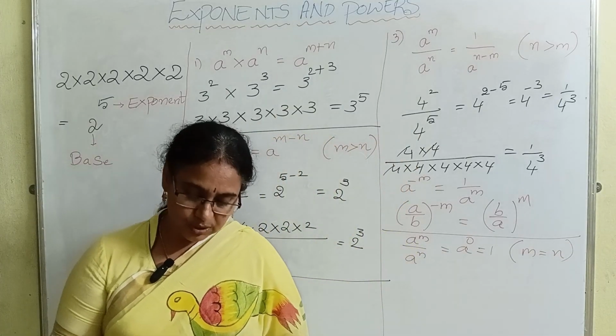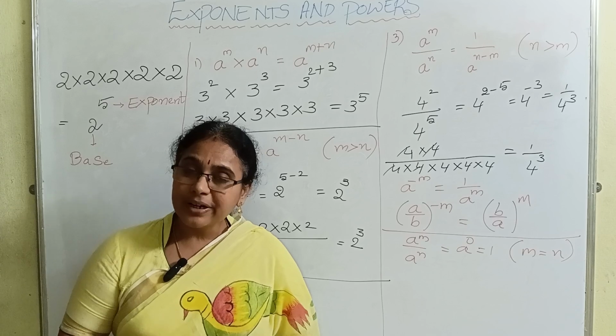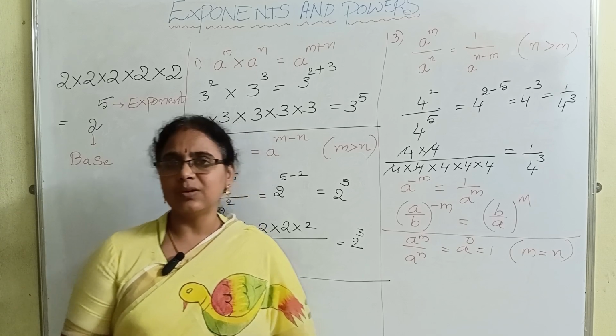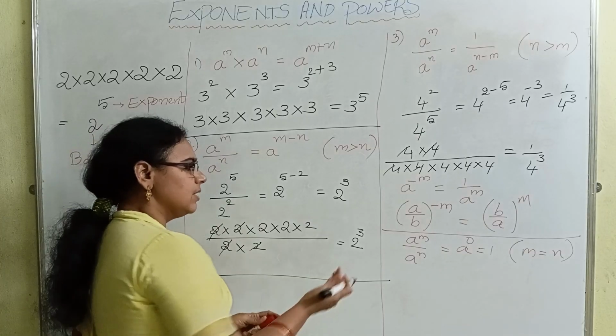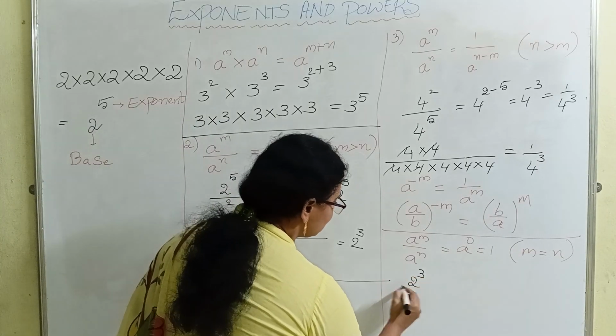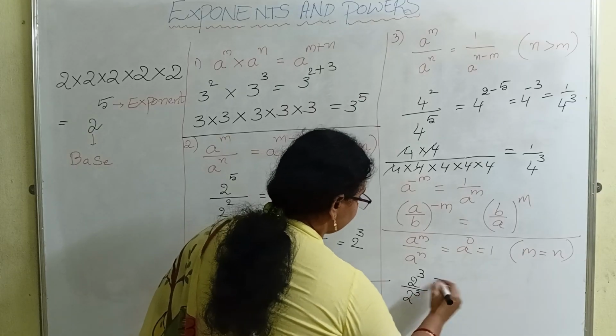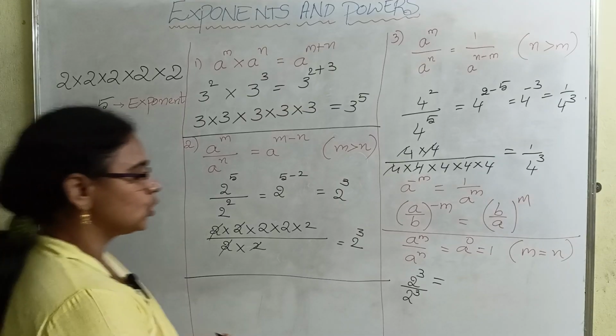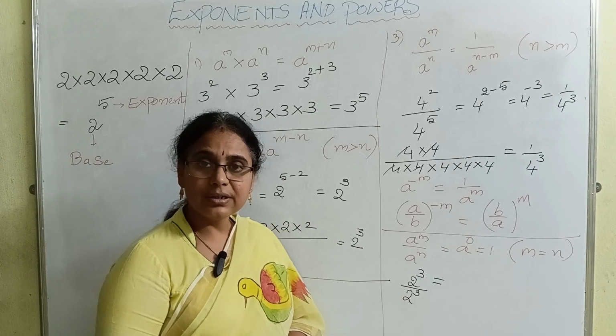That means the numerator's exponent and the denominator's exponent are both equal. You can try it like that. Here, numerator 2 cube by denominator 2 cube.